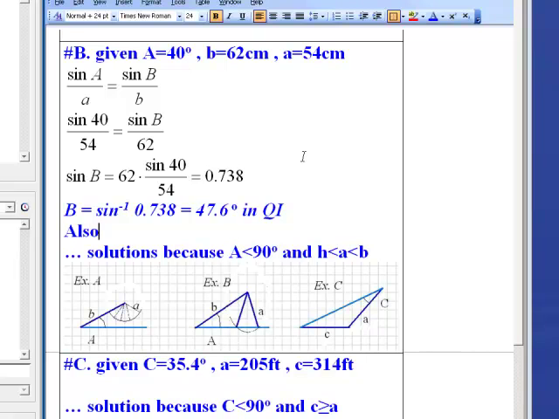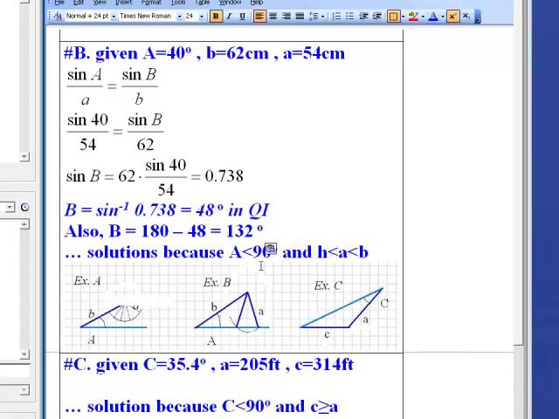So I'm going to write this also, B equals 180 minus 47.6, and I believe we're in two significant figures, so I might as well round this to 48 degrees. So 180 minus 48 degrees equals 132 degrees, so that should also be possible.